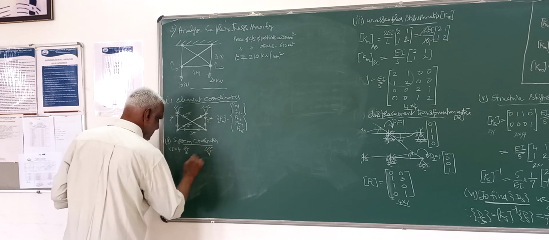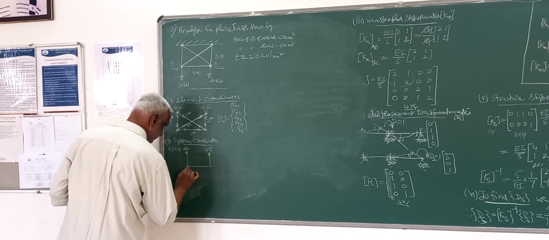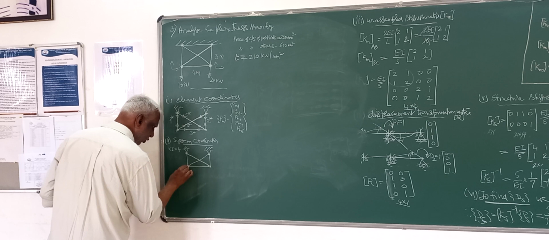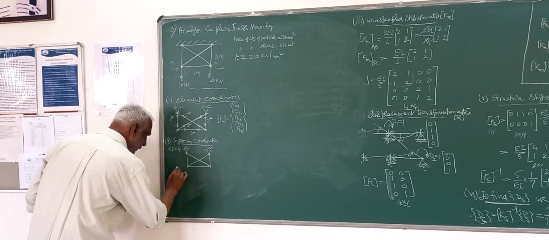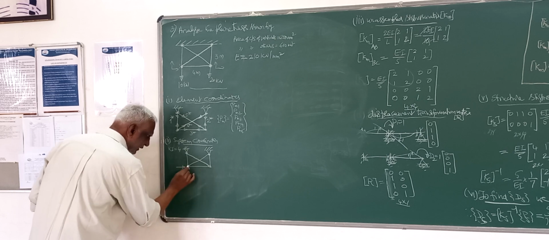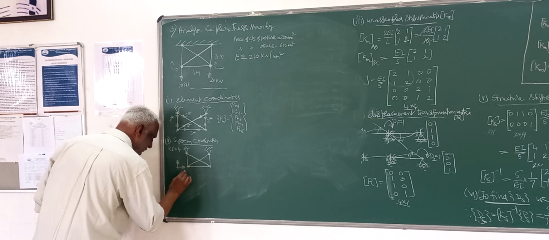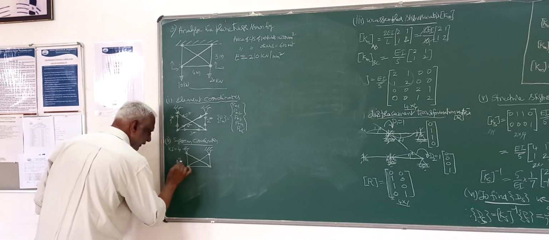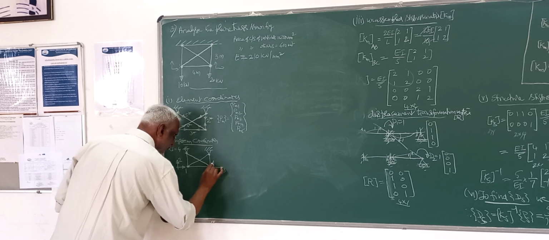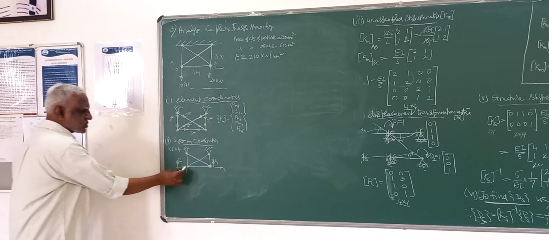So this is the truss, having 5 members and 4 nodes, and we have to determine the displacement along this direction at this node, displacement along this direction. That is coordinate 1, coordinate 2, here coordinate 3, coordinate 4. That is horizontal and vertical displacement at these two nodes.